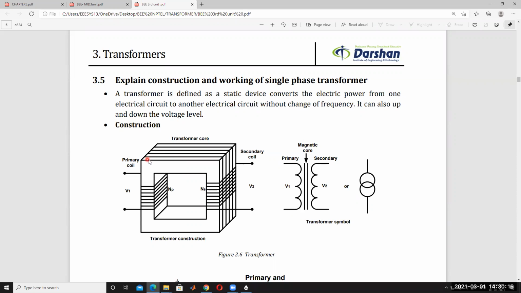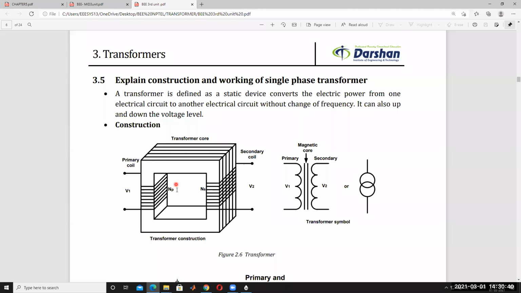If the insulation is good, the eddy current losses will be less. Ideally they are zero, but practically there is always some minimum amount of eddy current loss.